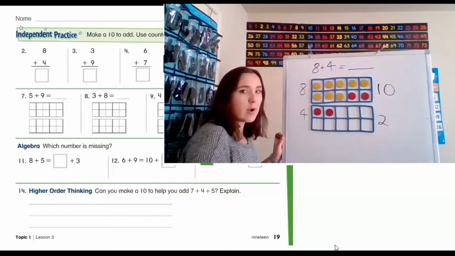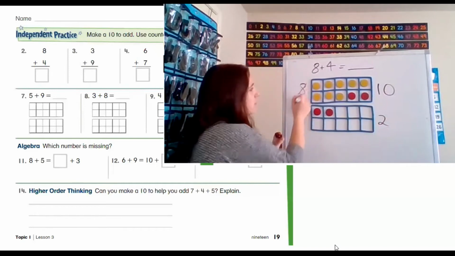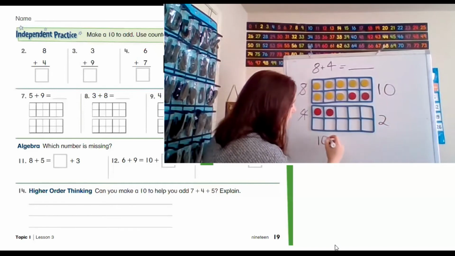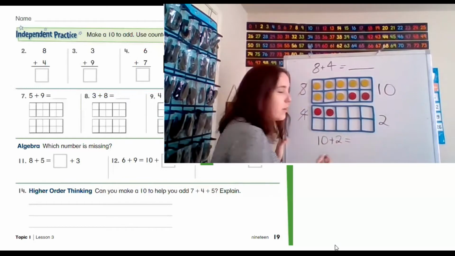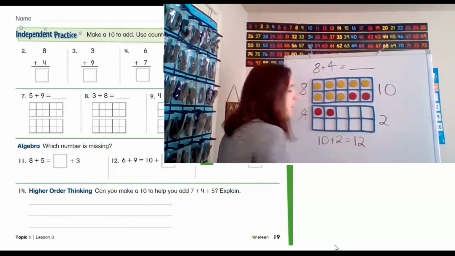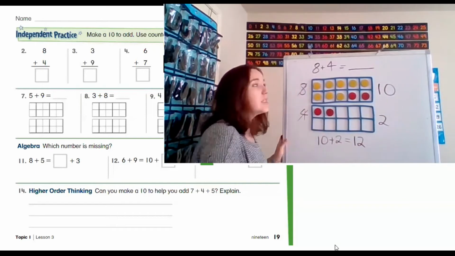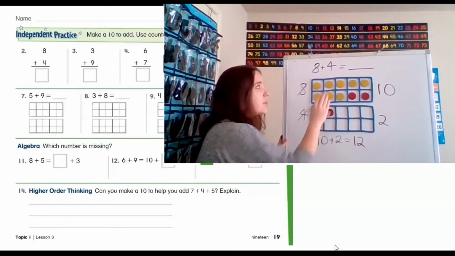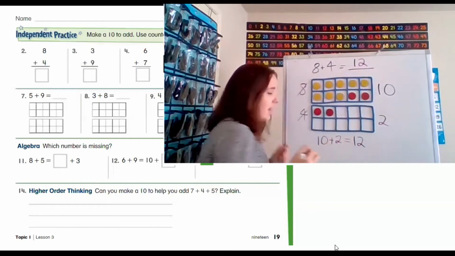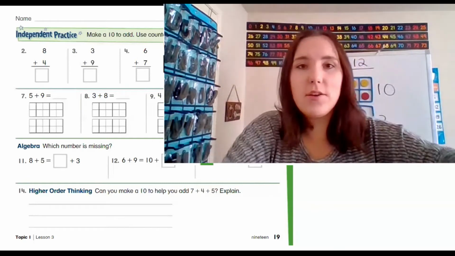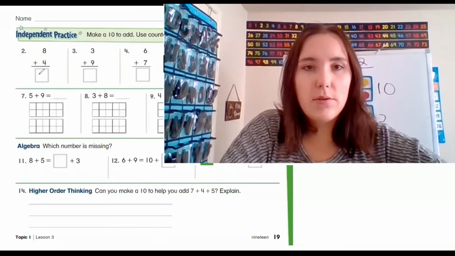So our new math problem is now, it's not 8 plus 4, we've made it into 10 plus 2. And 10 plus 2, we know equals 12, right? So because the number of counters did not change, our answer to 8 plus 4 is also 12. Okay, so make sure you write it down on your paper, 12.